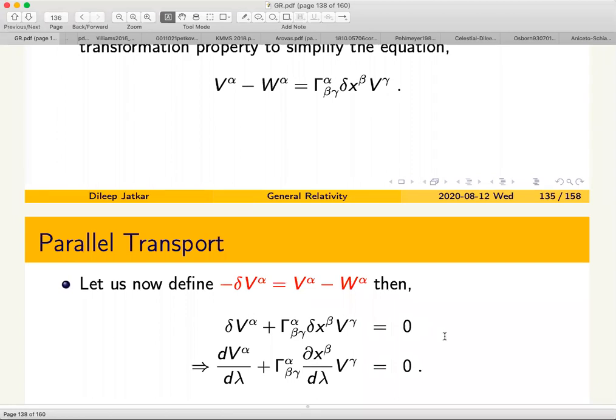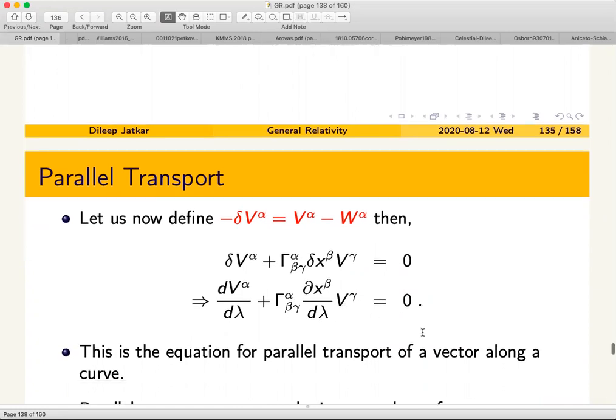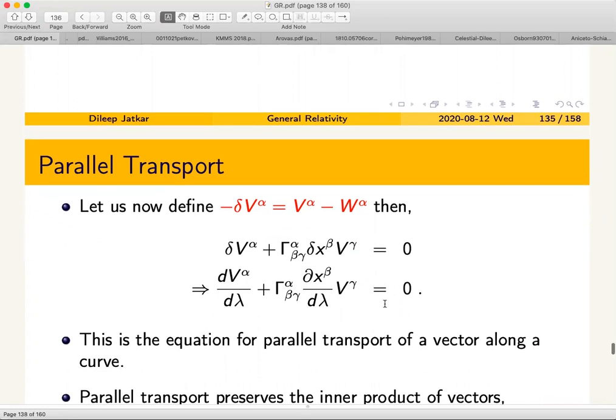Which would imply that dv by d lambda plus gamma times dx by d lambda times v gamma should be equal to 0. That's precisely the parallel transport equation that we had derived.